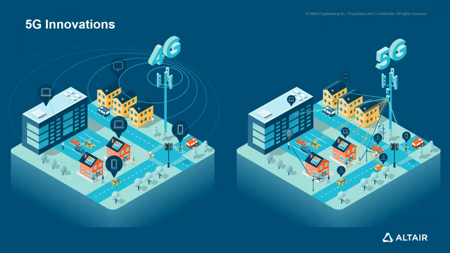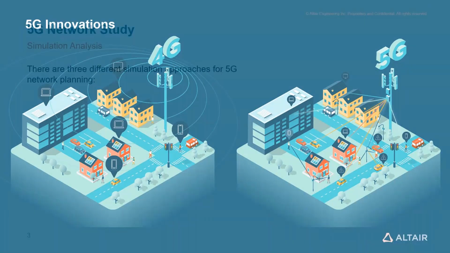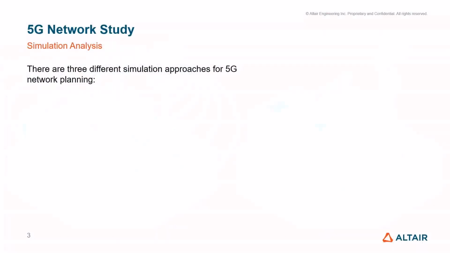And as base stations change the directions in which the beams are pointing to serve the different mobile stations, their coverage also changes, as well as their interference. So this leads to simulation approaches that can differ from the ones used for pre-5G networks.